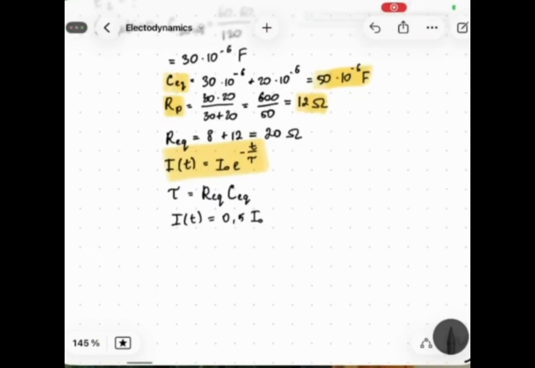So it equals 20 ohms multiplied by 50 microfarads, and in total it equals 1000 microseconds. We can just write it as 1 millisecond. Let's write it here.